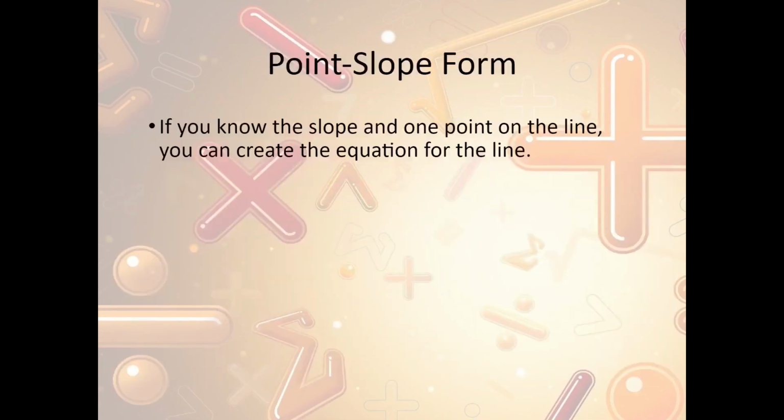Now, what is point-slope form? We use point-slope form if we know the slope and one point on the line. We can still create the equation for the line even though we don't have the y-intercept. Here's how we do it. We know that the equation is y equals mx plus b, and we plug in the slope for m.